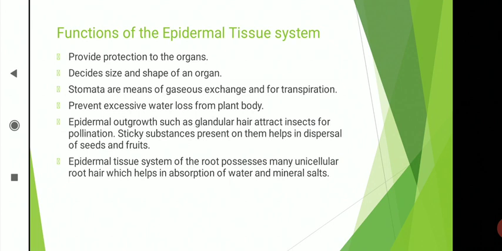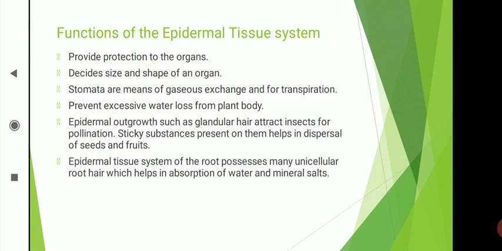Epidermal structures such as stomata are the means of gaseous exchange and further transpiration. It prevents excessive loss of water by developing thick cuticle, waxy layer and hairs. Multiple epidermis acts as a storehouse of water in many xerophytic plants, for example Opuntia. Epidermal outgrowths such as glandular hair attract insects for pollination.